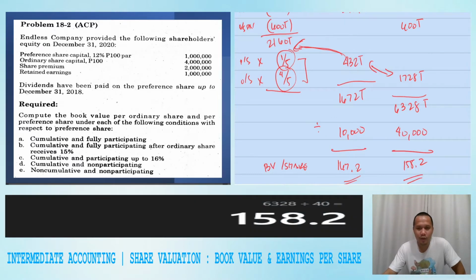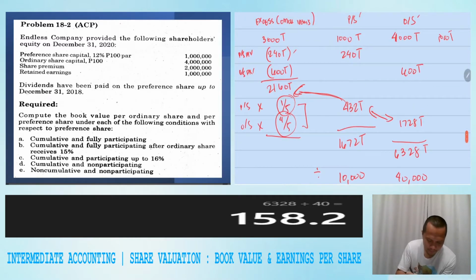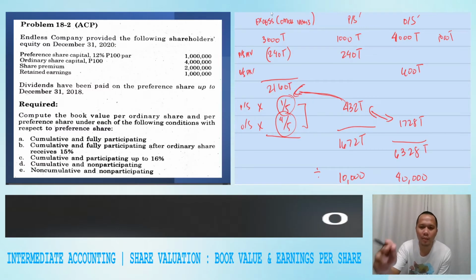Now, next, this is partial participation. Cumulative, but partial participation. So it is still cumulative. Because there is no given rate, we will go back to the 4 million par value multiplied by the preference rate, which is 4 million times 12%.